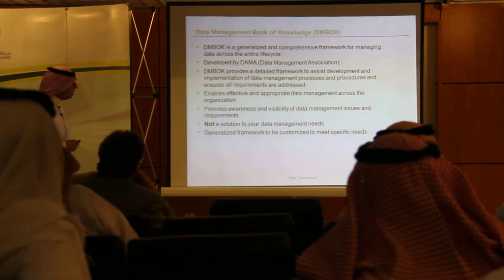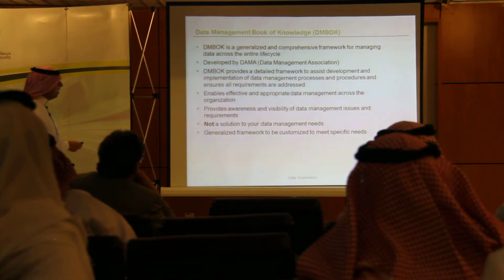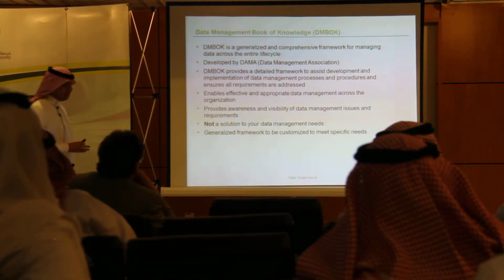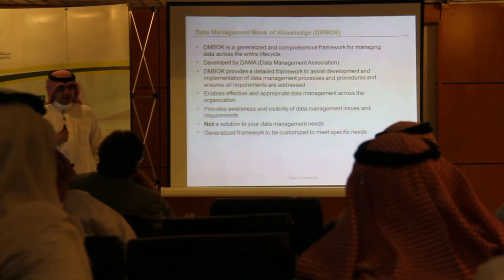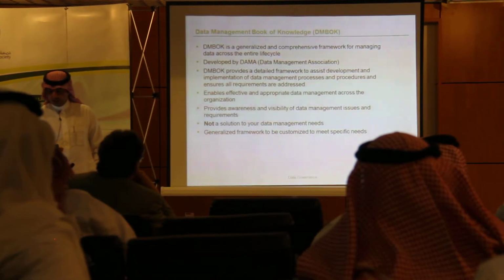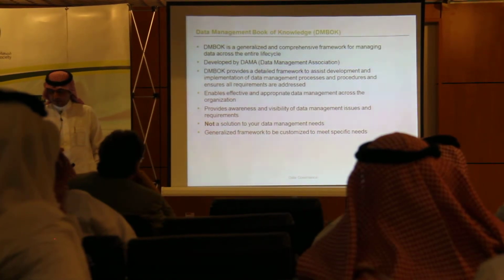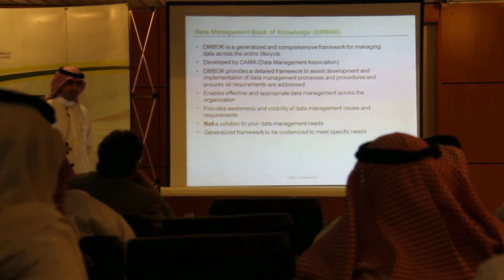So I'll try to go quickly through this slide, just to give you an introduction about the DMBOK. It's a generalized and comprehensive framework for managing data across the entire life cycle, developed by the Data Management Association. It provides a detailed framework to assist the development and implementation of data management processes and procedures. By itself, it's not a solution for data management, but it's needed.